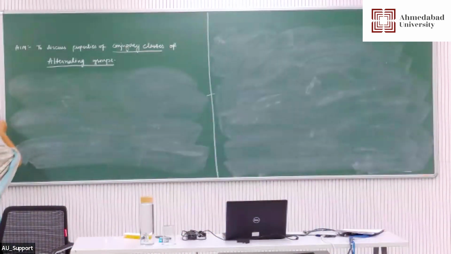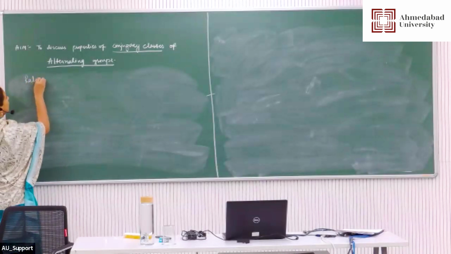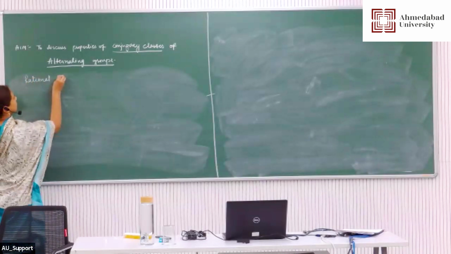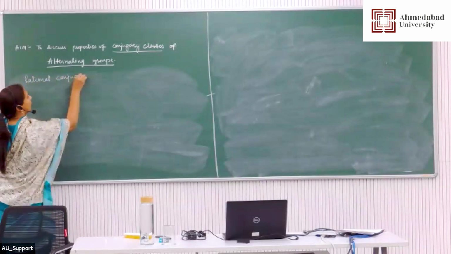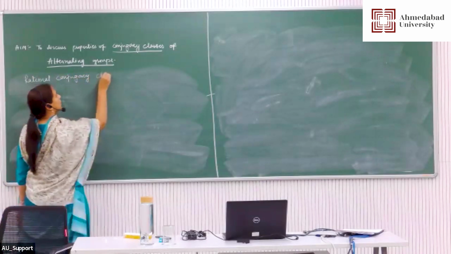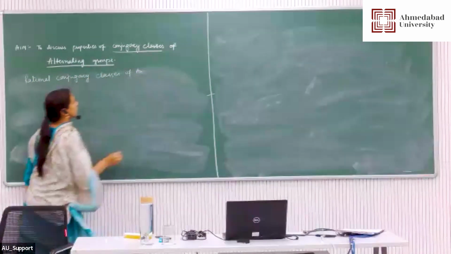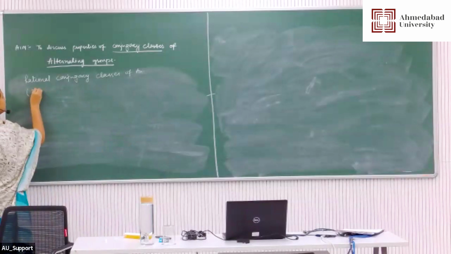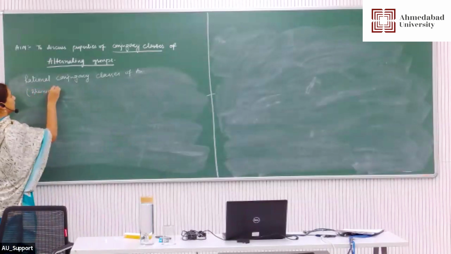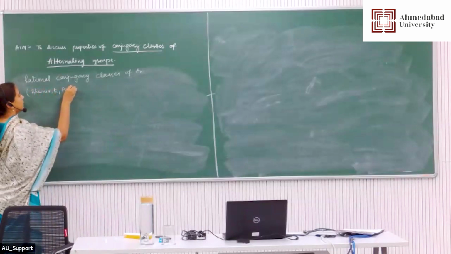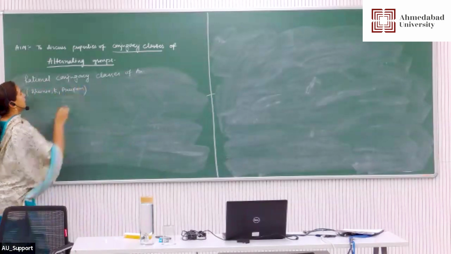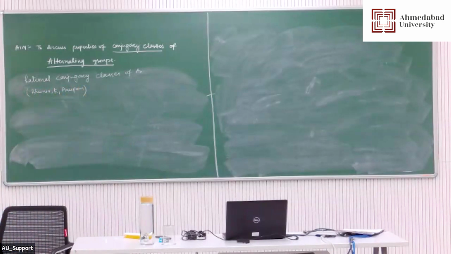Okay, so next we want to discuss rational conjugacy classes for the alternating group. In my paper with Sushil Bhunia and Anupam Singh, we have proved that the number of rational conjugacy classes is the same as the number of rational valued characters in alternating groups.